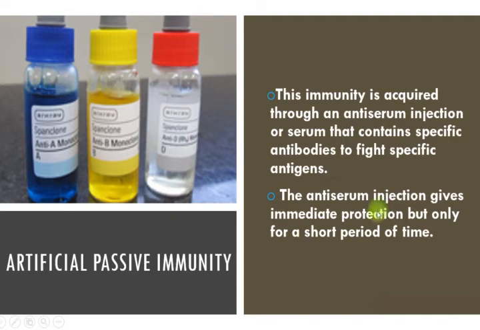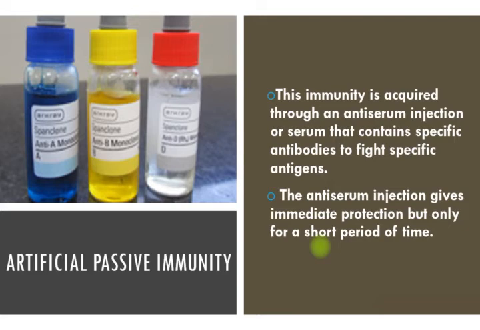So it will give protection to the individual, but only for a short period of time. This means the anti-serum injection, or the artificial passive immunity, can give immediate protection but it is not long lasting.